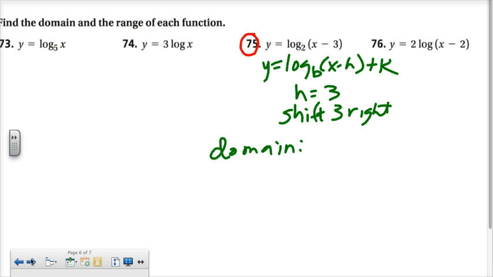That's also responsible for our asymptote. So our new asymptote for this graph is going to be x equals 3, the vertical line x equals 3. And that means our domain is going to be x is greater than 3. Our range for all of these is always all real numbers. And again, that's because we have our arrows going up and down forever, but we do not necessarily use all of the x values.